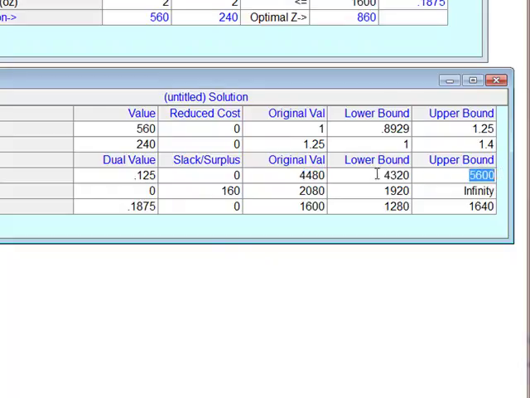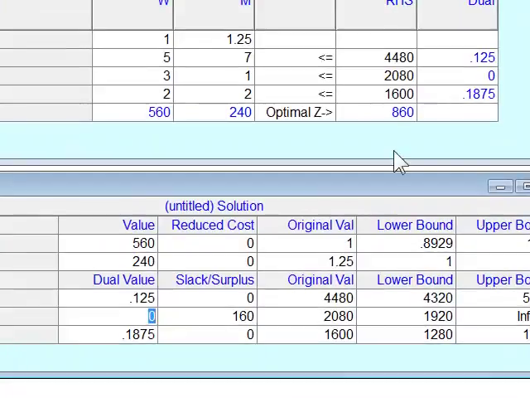So similar interpretations can be made, and that's what these ranges are called. These ranges are called ranges of feasibility because they tell us for what range in the right-hand side of the constraint that constraint is valid, meaning those dual values remain valid.